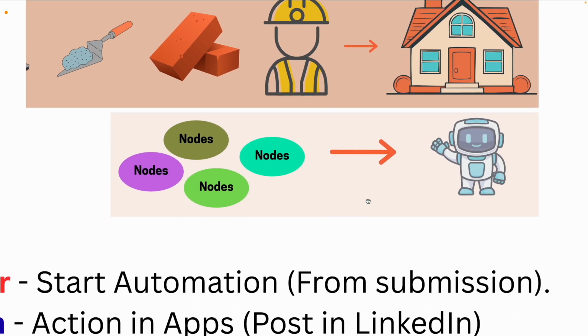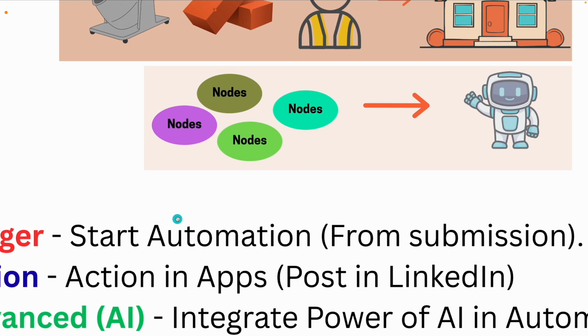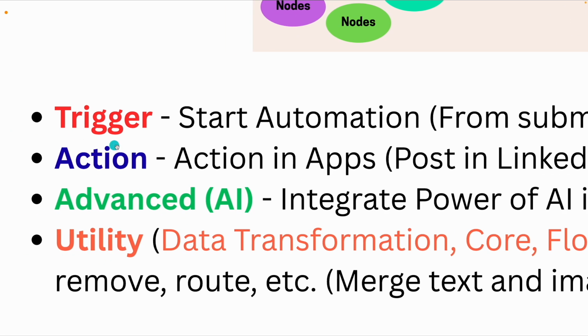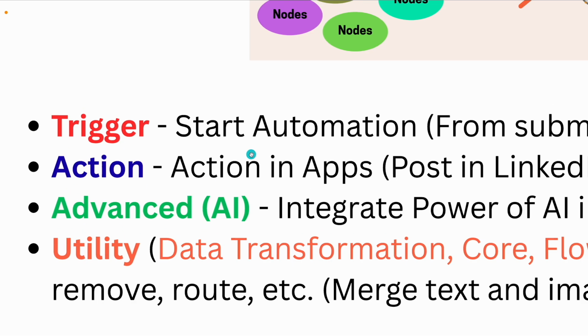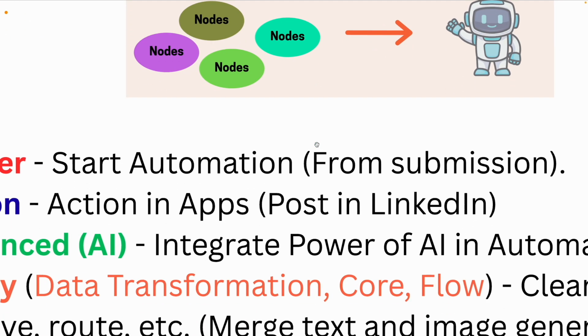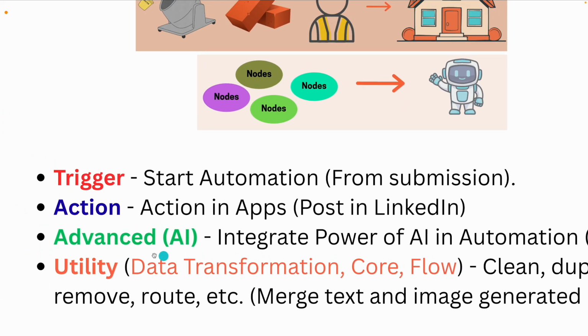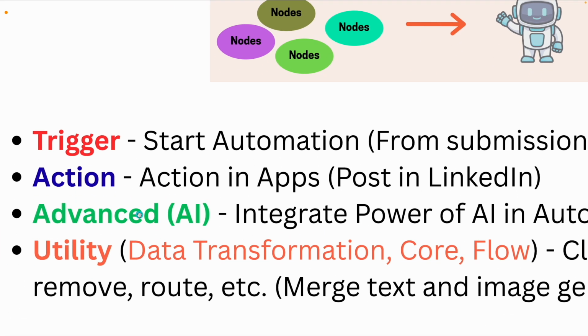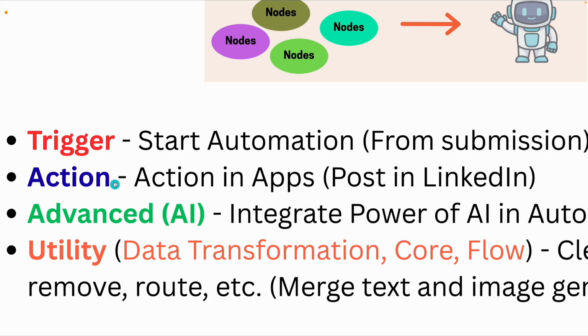That is the simplest concept. There are different types of nodes: trigger node, action node, AI node, and utility node. These four nodes combine together to help you build your AI agent and automation. Without these nodes, you will not be able to build any automation.